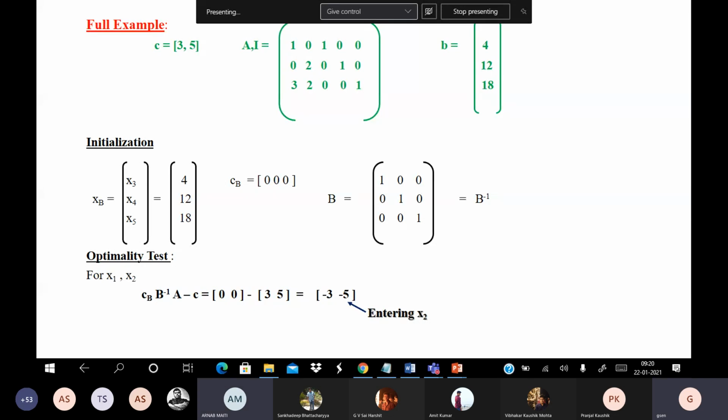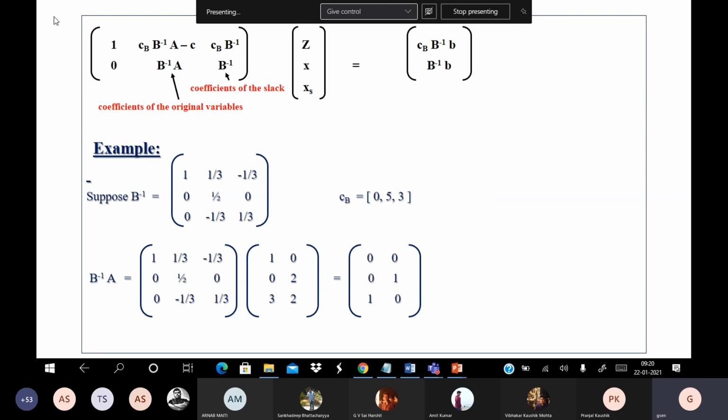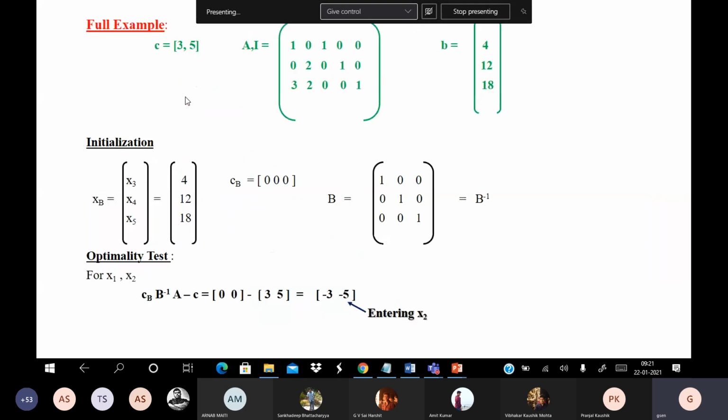x1 and x2. So what will be their coefficients from the matrix form? They are original variables, so their coefficients will be in CB B inverse A minus C, right? If you look at this, CB B inverse A minus C, this gives the coefficients of the original variables.